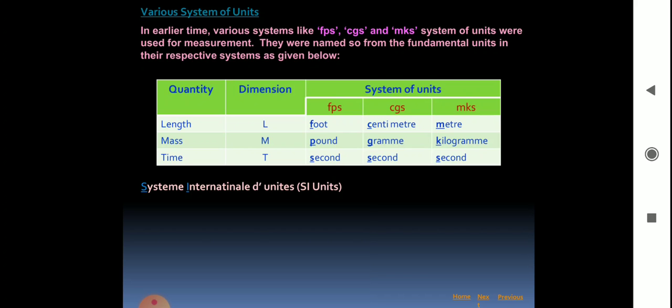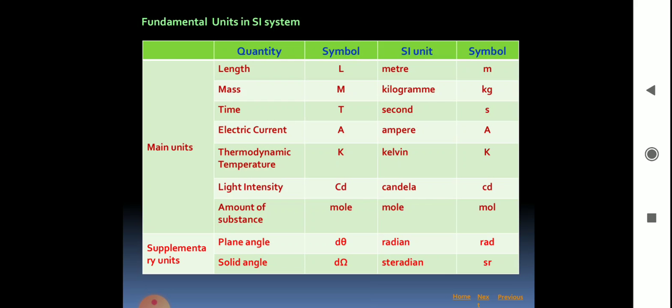The SI is the present internationally accepted standard reference. In the SI system there are 7 base units and 2 supplementary units, and there are many derived units.